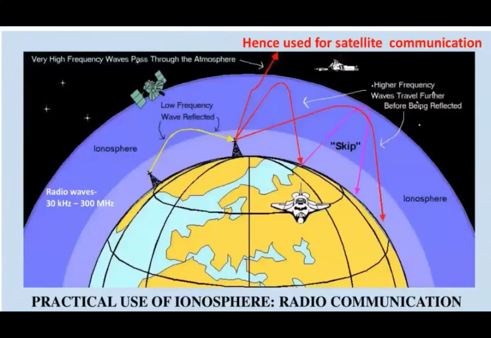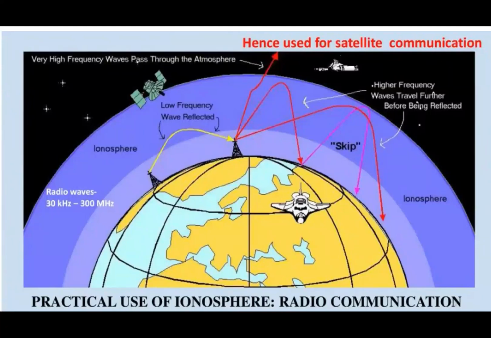Later on, radio waves and their propagation over long distances have been very profitably used for radio wave communication using the ionosphere as the medium. As shown here, the ionosphere is here in this light pink color. There is a transmitter here, and then there are different frequency ranges or wavelength ranges of radio waves.